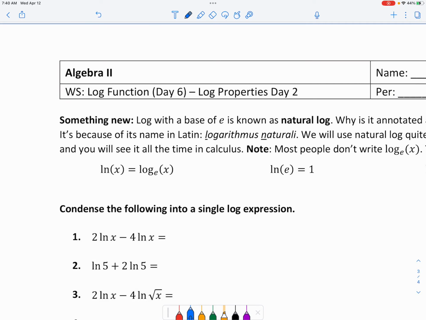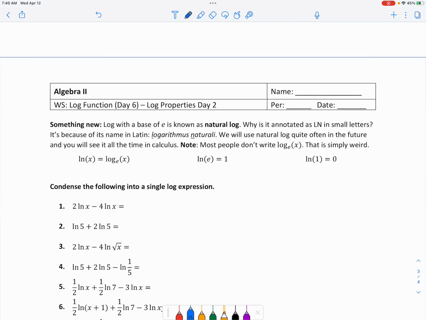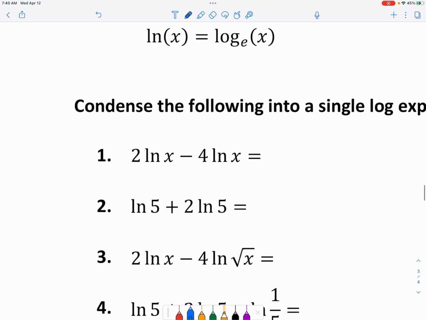What you will use a lot is natural log, especially when you go on to calculus, where you see natural log all the time. The way we treat natural log is exactly the same as any other log that we did yesterday. People like to use natural log because it's a lot nicer, a lot simpler. There's no subscript to worry about.